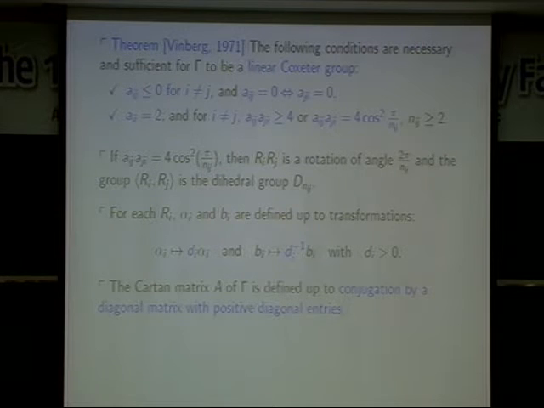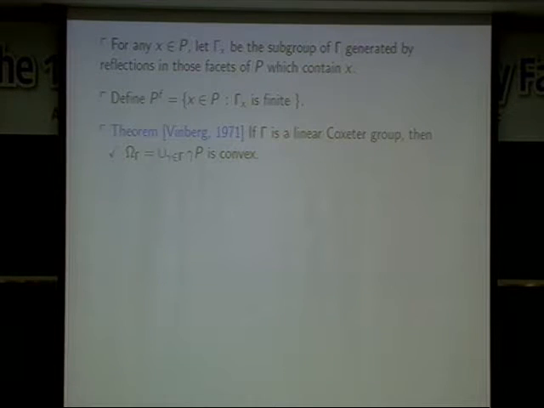Then we get the same reflection, obviously. So the Cartan matrix A or gamma is defined up to conjugation by a diagonal matrix with positive diagonal entries.